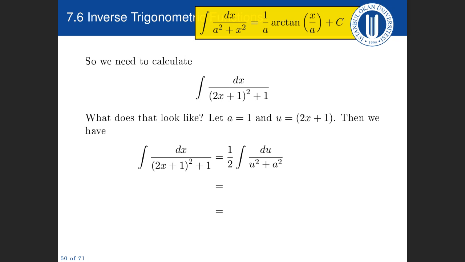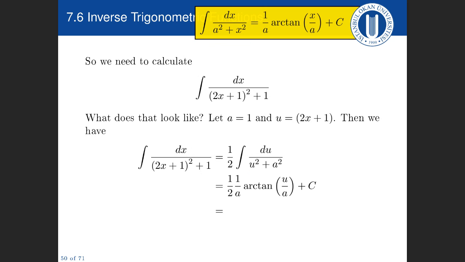What does this look like? It looks like the formula in the yellow box. It looks like a half integral of du over u squared plus a. Yes, I know the formula in the yellow box has a first and x second, but it doesn't matter. We now have an integral which looks like the formula in the yellow box.